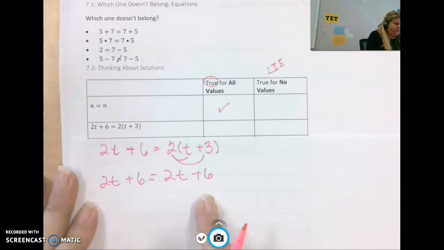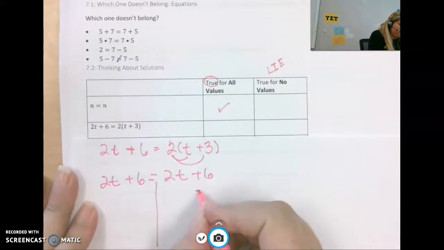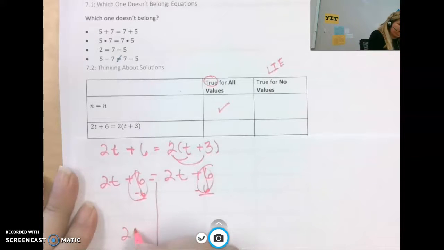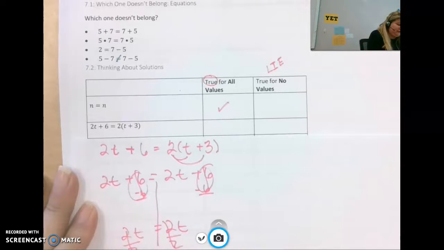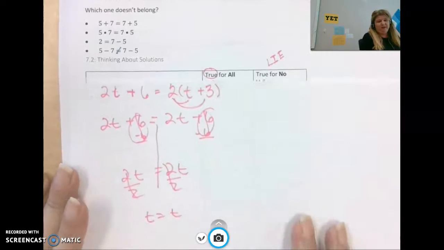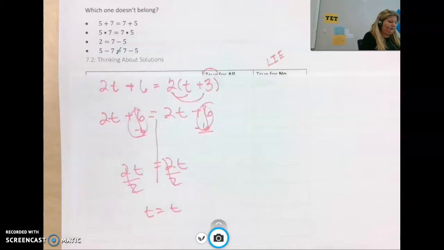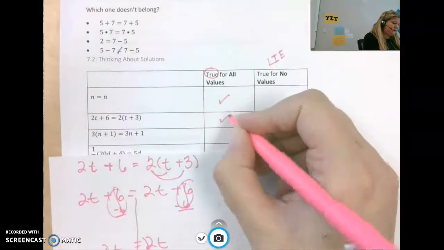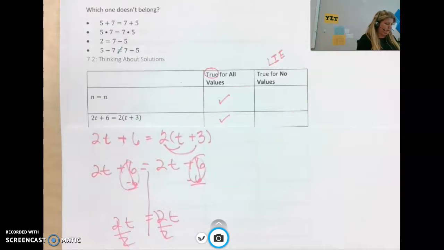That is always true. I could solve a little further if I wanted to, and I could end up with 2t equals 2t. Then I could divide each side by 2 and get t equals t if I wanted to. But at this point I can really see they're exactly the same, and I can select true for all values.